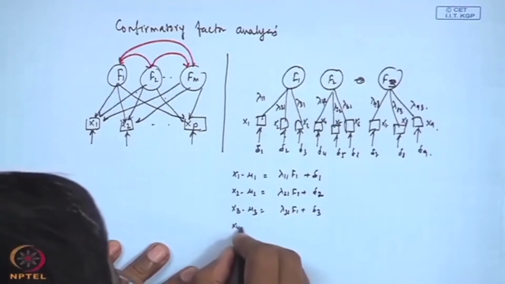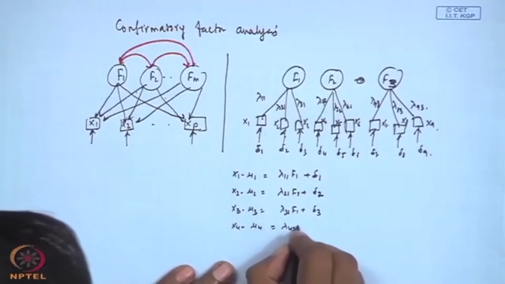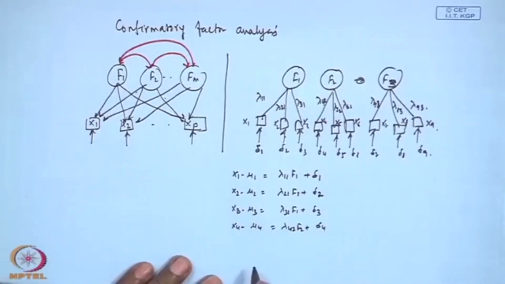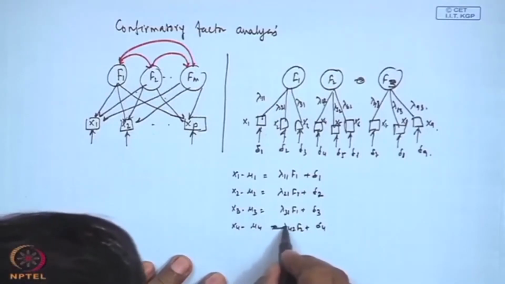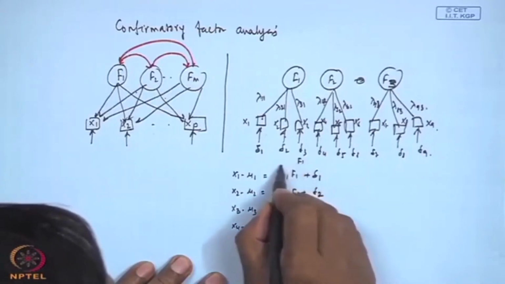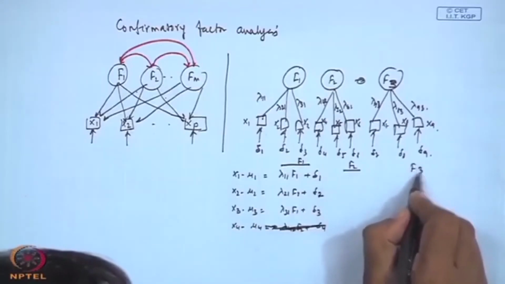Now x4 minus mu 4 will be lambda 4 2 f2 plus delta 4. Okay, so let me do a little manipulation here. This is related to f1. Now f2, let it be related to f3.